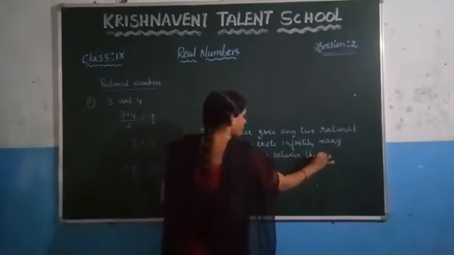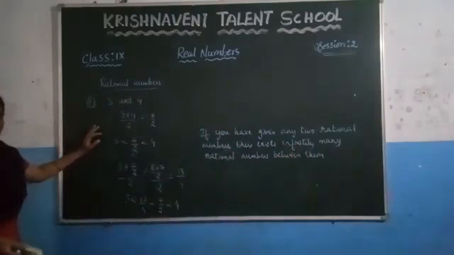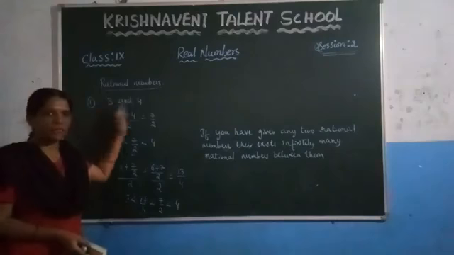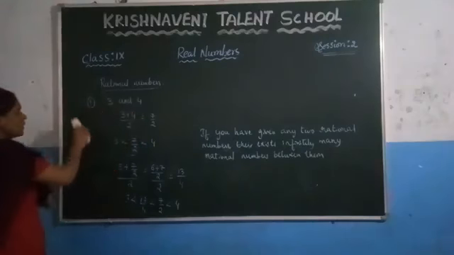So if you are given any two rational numbers, we can find infinitely many rational numbers that lie between the given two numbers. This is one property of rational numbers.